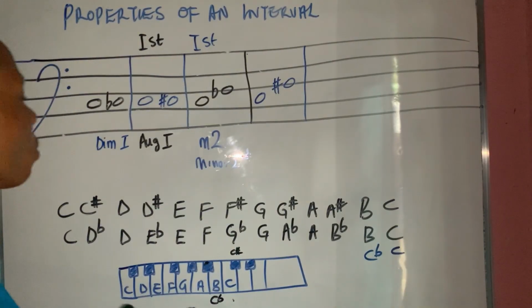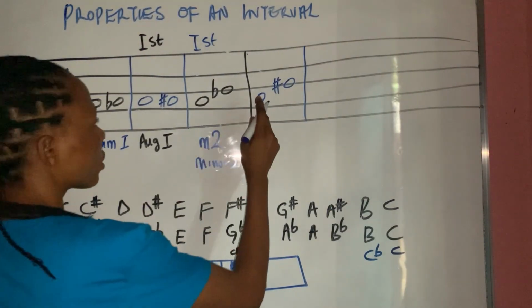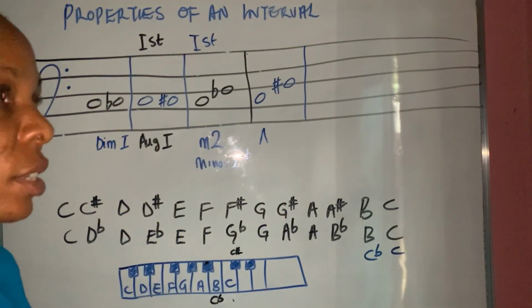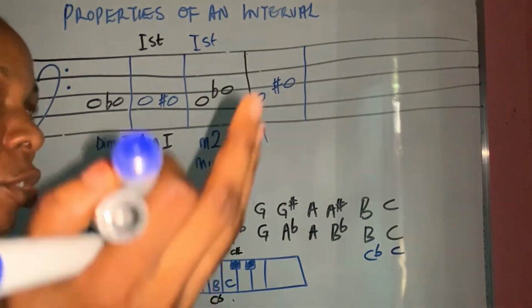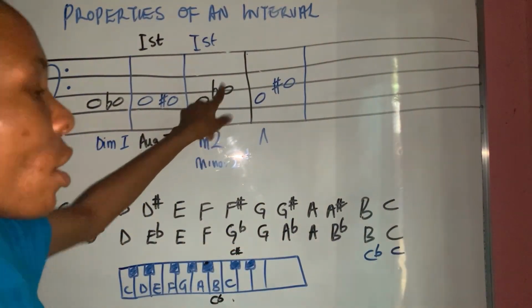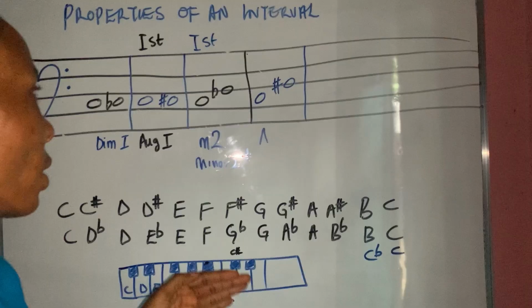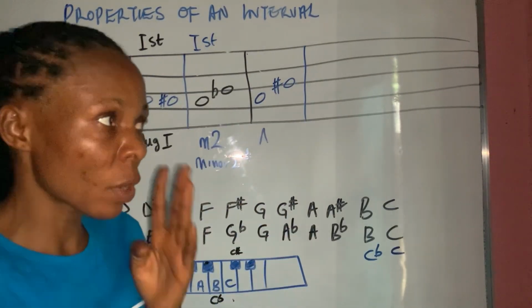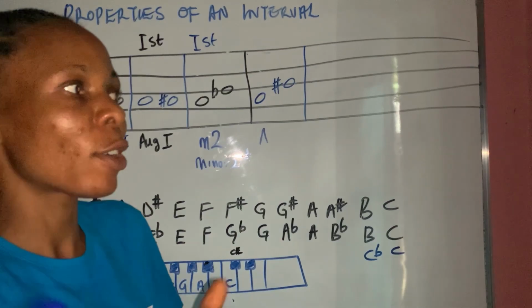Now 3 will give us what we call, because that second, you see, is still a second, but the second is raised by a semitone. The one before was still a second, but the second was reduced by a semitone. That was why we got a minor. But now this second is raised. When something is raised, it becomes augmented.